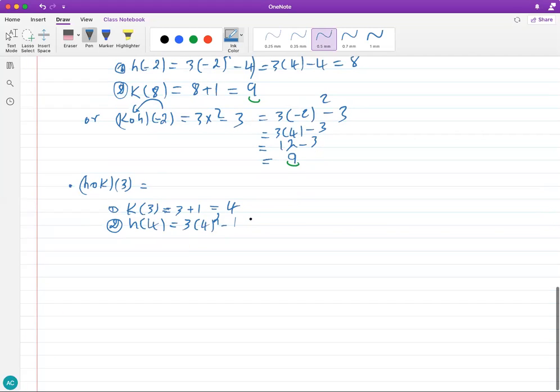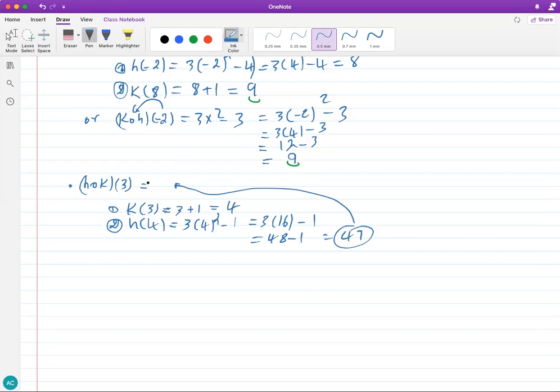And simplify this. Start with the exponent, so it will be 3 times 16 minus 4. This is 48. Take away 4, which is 44.